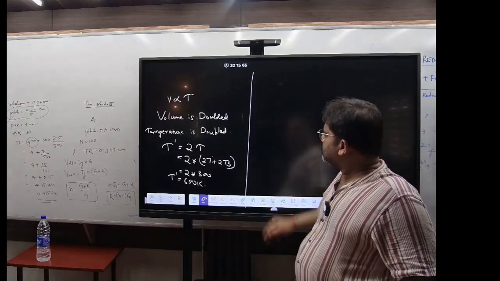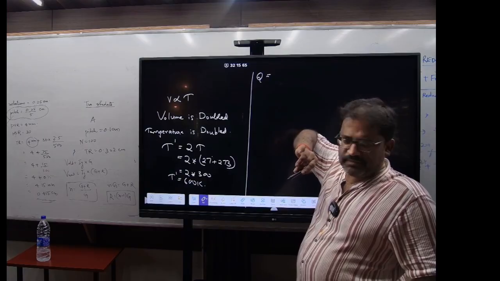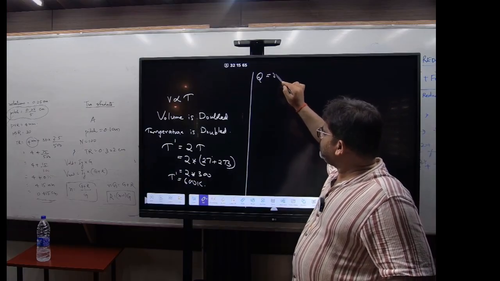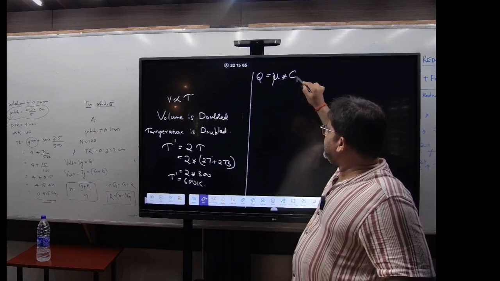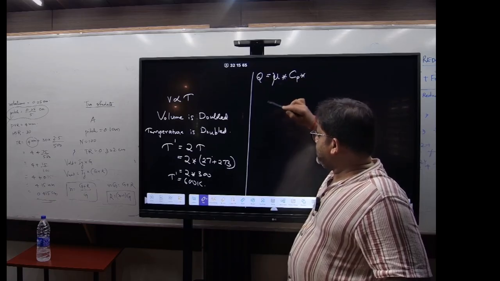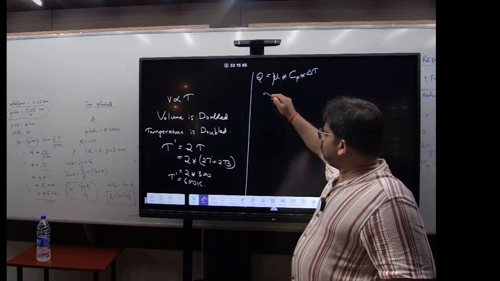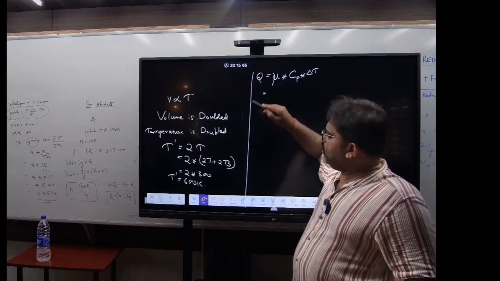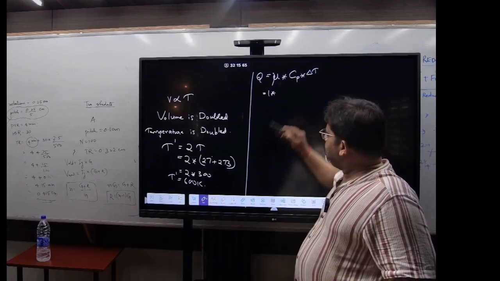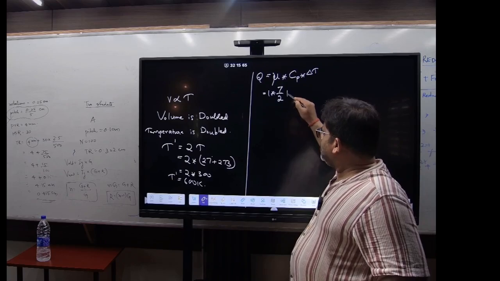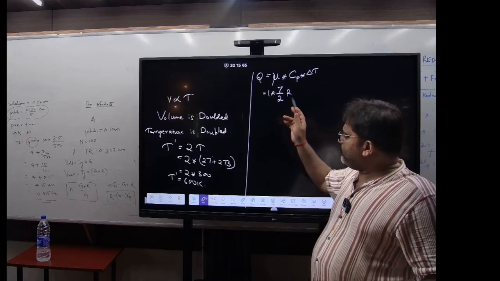Now go for the heat supplied. The heat supplied is given by number of moles into specific heat at constant pressure into the change in temperature. What is the number of moles there? 1 mole, into the specific heat at constant pressure, which is given by 7 by 2 R. Now how do we obtain that?